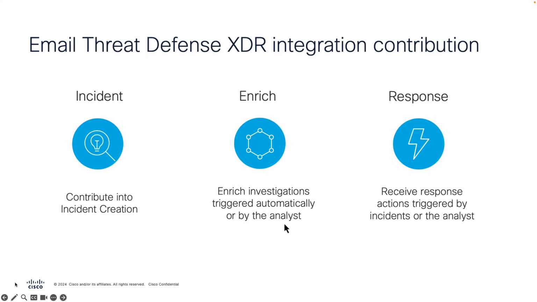The second is enrichment, where an investigation can be triggered automatically from an incident or manually by the analyst to investigate specific information that could come from ETD, including file hashes, emails, and others. And of course, doing responses that could be done manually from the analyst, from the response itself, or from an observable, or automated within the automation section, which we did not demo in this session.